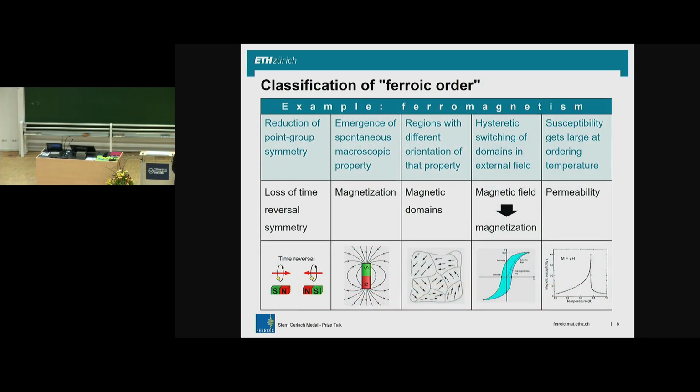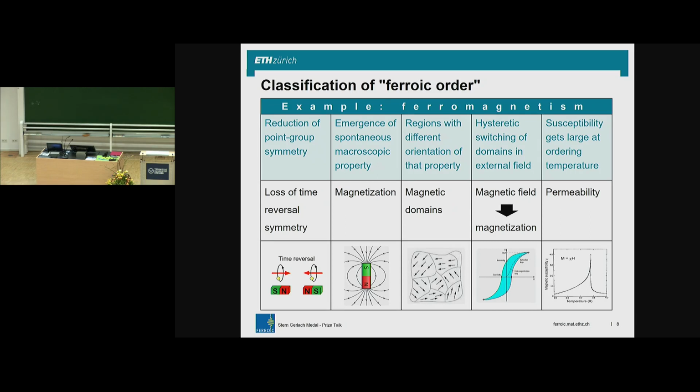Okay, so what is it? On the example of a ferromagnet, so a ferroic type of order, it needs to reduce the point group symmetry of a material. In the case of ferromagnetism, you lose the time reversal symmetry. If you imagine a magnetization created by a circular current, classically, time reversal changes its direction.